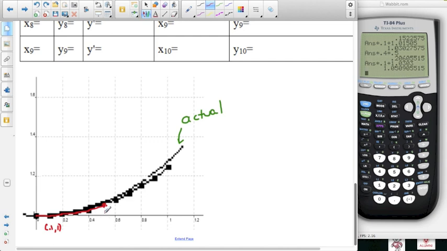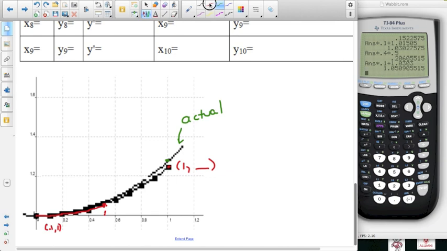If we continue that all the way for the next 5 steps to get all the way over to an x value of 1, you can see this is the 1 comma something we would get for Euler's method, and we are substantially below the actual value here at 1 of the function itself, using those linear approximations known as Euler's method.